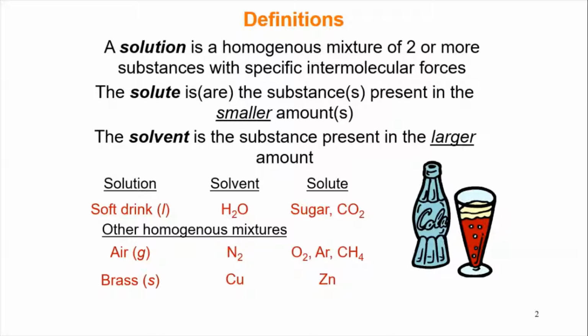So the idea is that going forward, we're going to think of solutions as a homogeneous mixture where there is some kind of intermolecular force connecting the solute or solutes with the solvent. The other types of homogeneous mixtures might fall under other categories that you'll study on your own in the textbook.